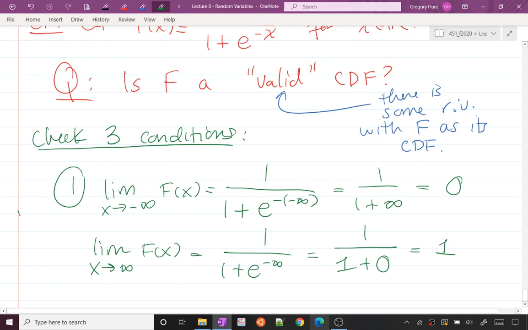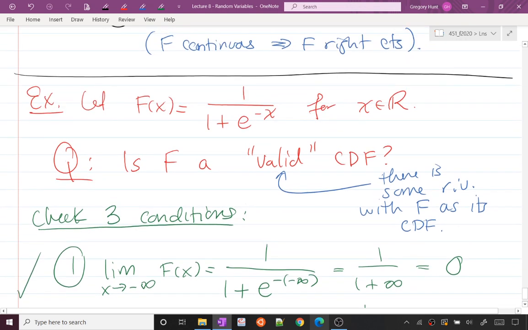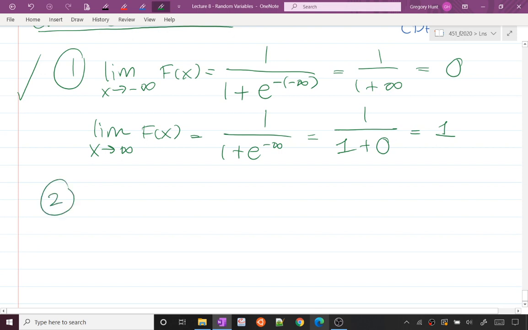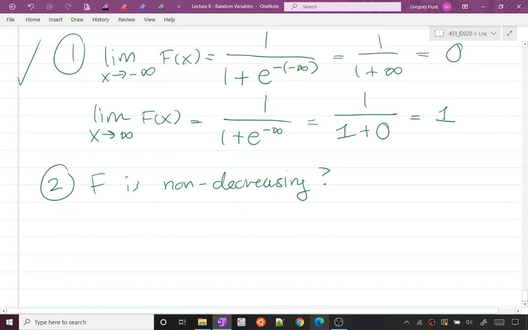Okay, condition 1, check. Condition 2, f is non-decreasing. How could I justify that? Well, if you know what the graph of f is, but one thing I can do is I can look at f prime of x. I'll let you do the Calc 1 problem. It's e to the negative x over 1 plus e to the negative x squared.